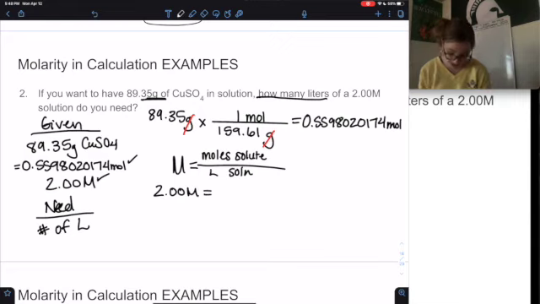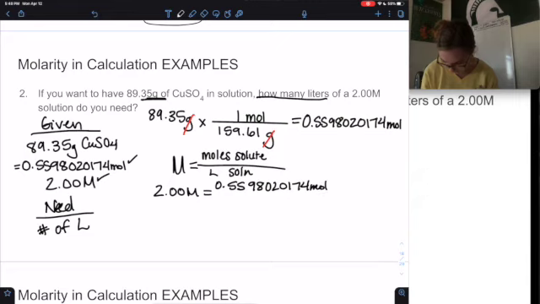We're given information that led us to the moles of solute, so that's going to be 0.020174 moles. And we're looking for liters of solution, so I'm going to put an X down there. Next, I've got to get X by itself.